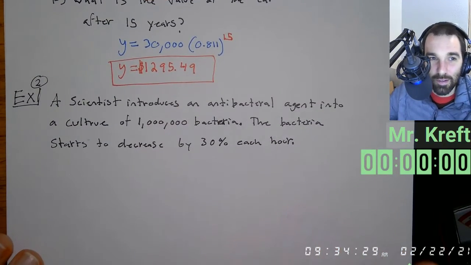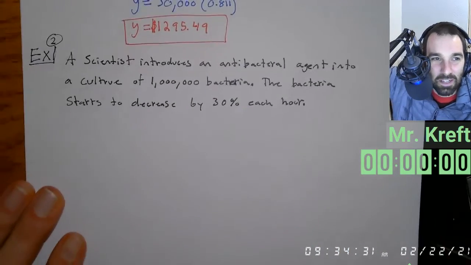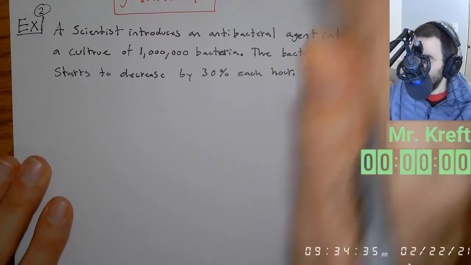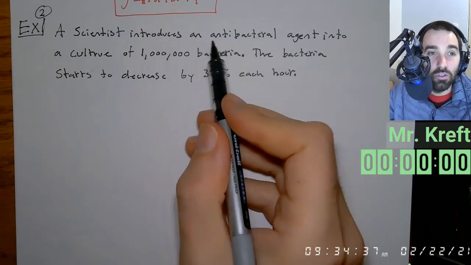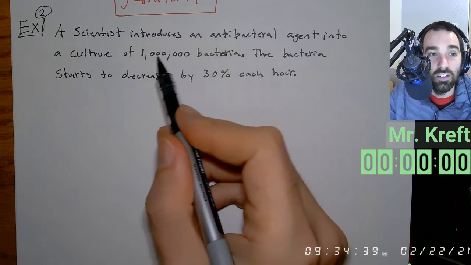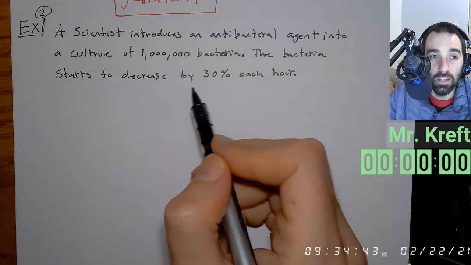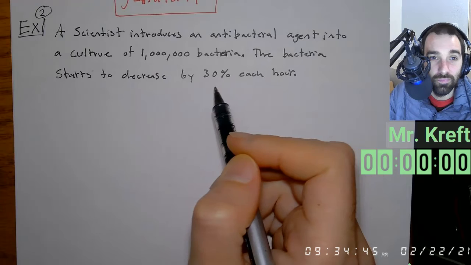We're doing a lot of medical stuff today, huh? There's lots of reasons for decay, but medical is a good one. Okay, so a scientist introduces an antibacterial agent into a culture of 1 million bacteria. The bacteria starts to decrease by 30% each hour.